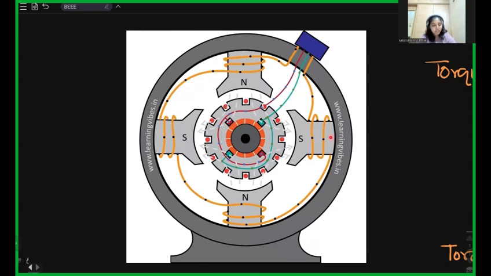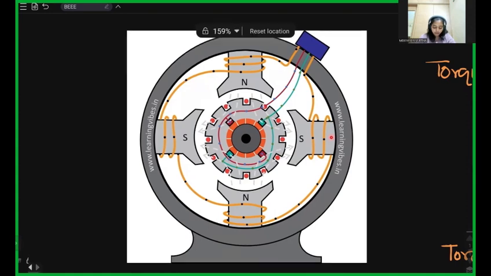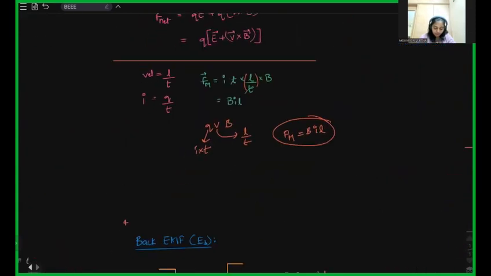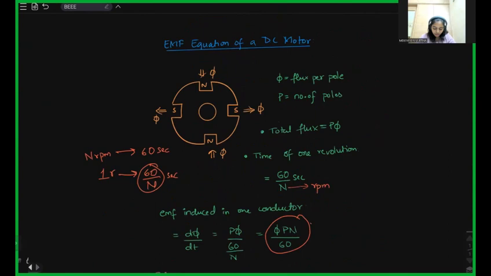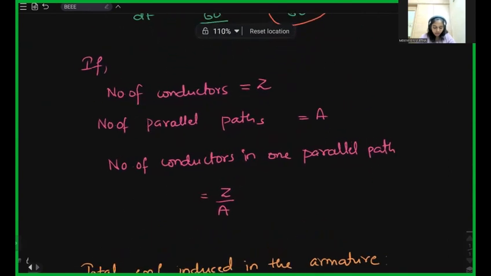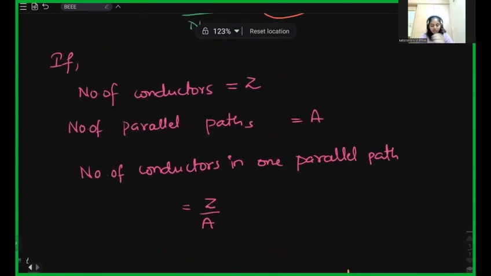So the number of conductors, we are taking it as Z, and the number of parallel paths is taken as A. So let us go back to the equation. Number of conductors Z and this is A. So the number of conductors in one parallel path is given by Z by A. This is something you need to remember.